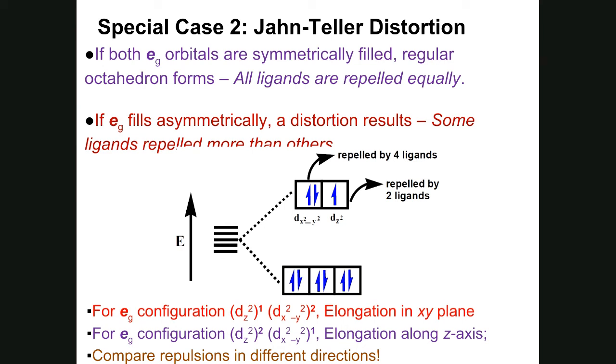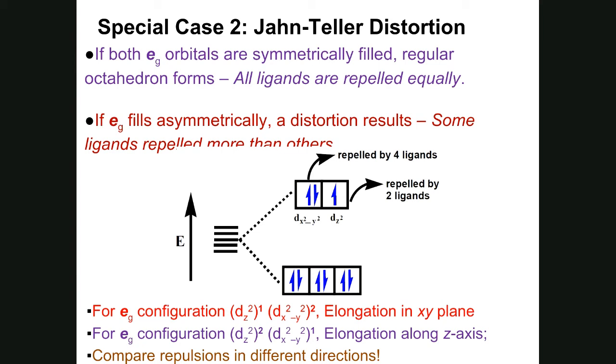Another special case here is your d9, or 9 electrons in the d subshell. That's typical. In fact, in your book, I think you'll find more emphasis on copper 2 complexes. And I think you may have realized that in your second year course as well, the special nature of the d9. But let's look at it in the context of the crystal field theory.